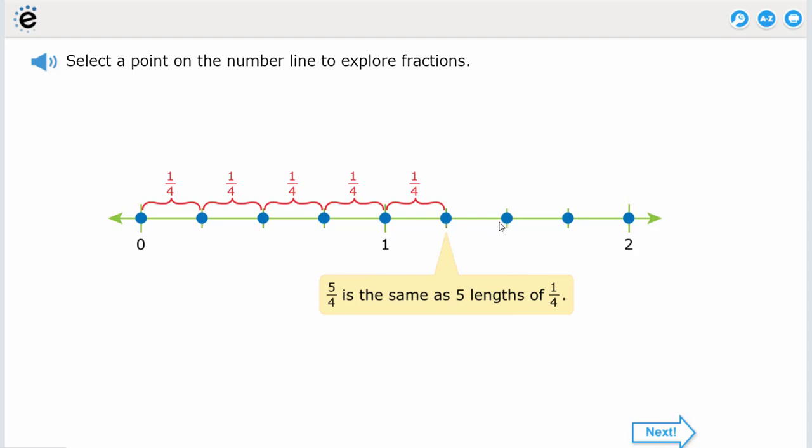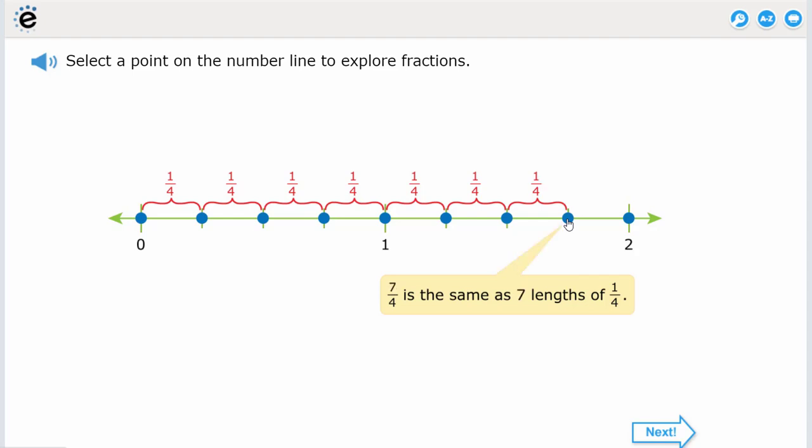Next. 6/4 is the same as 6 lengths of 1/4. Next. 7/4 is the same as 7 lengths of 1/4.